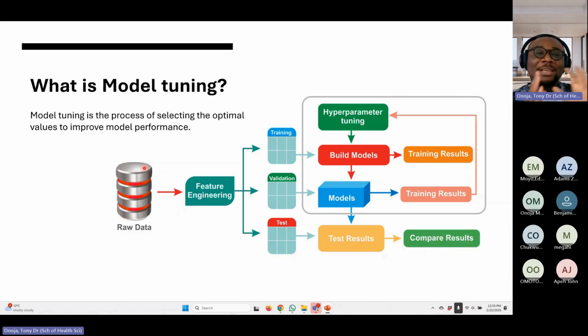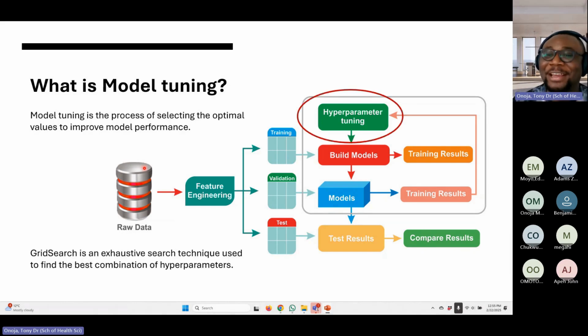So when we talk about model tuning, like I said earlier on, we tweak the parameters. Just imagine somebody that is cooking. If you overput the salt, nobody will want to eat the food, and if you don't put salt, people will complain.